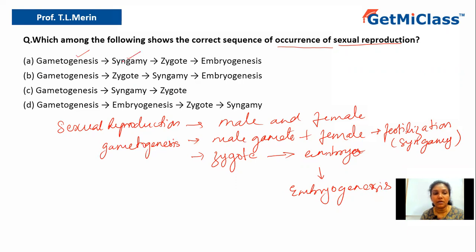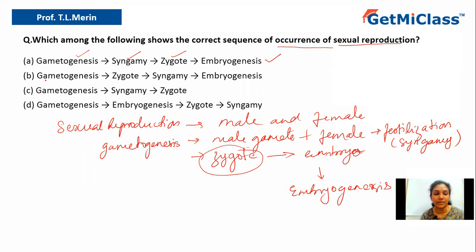Syngamy, the fusion of male and female gamete, or you can say fertilization. So that is also correct. Then comes zygote. Yes, after the fusion, they form zygote, right? And then further, the zygote will give rise to embryo, and the process is called as embryogenesis. Hence, option A is the right answer.